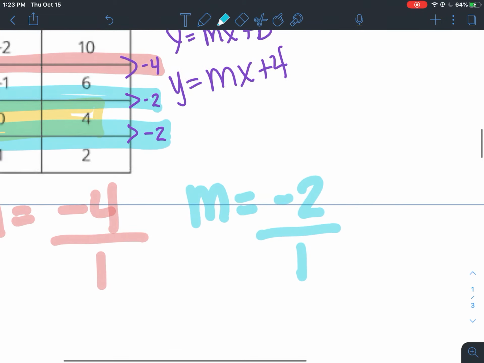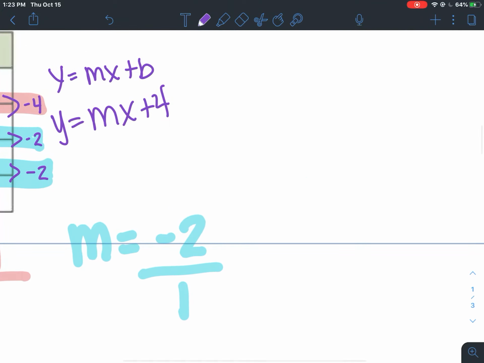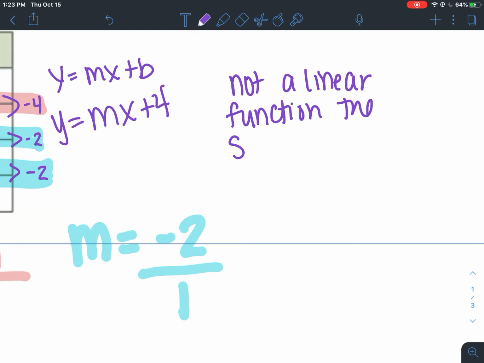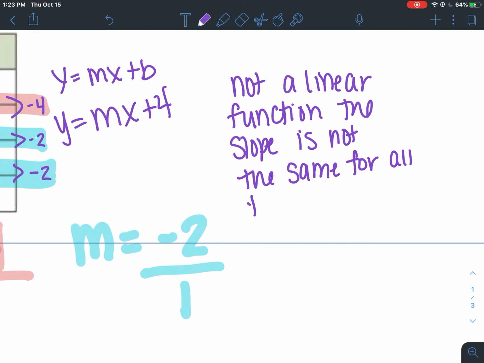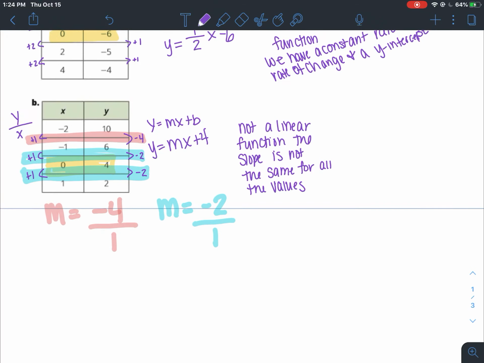So the slopes are different. That can't happen in a linear function. The slope has to be the same the entire way through. So this is not a linear function. The slope is not the same for all the values. All right, and that's it.